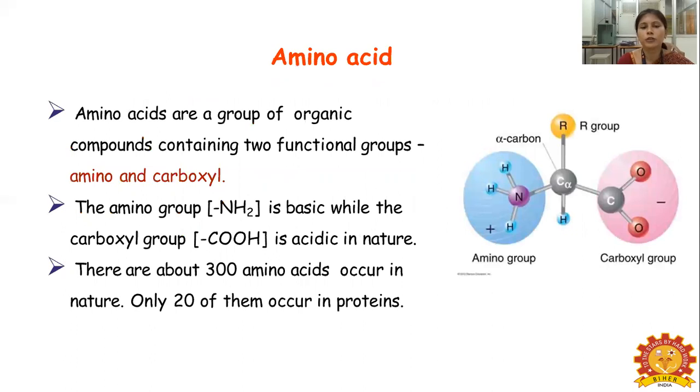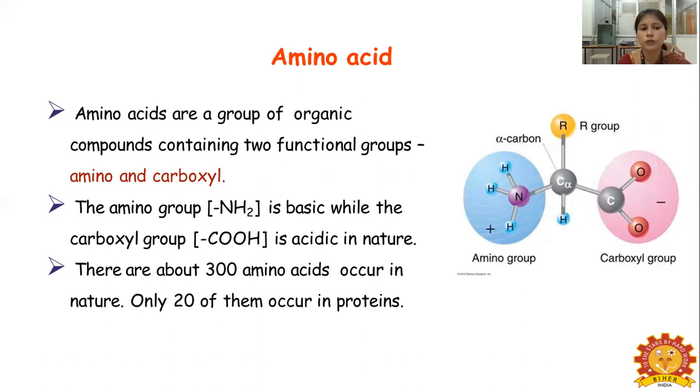Now we'll talk about amino acids, because we know that proteins are biopolymers made of monomers. The individual monomers are called amino acids. Amino acids are a group of organic compounds, also made of carbon, hydrogen and oxygen. As the name designates, amino is one functional group and acid is another functional group, so it contains two functional groups in the same compound: the amino group and the carboxyl group.